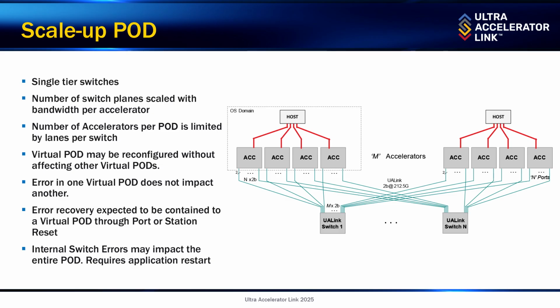You should be able to recover errors by resetting stations and ports individually in the management software. We'll see the management software a little later. Now, there are certain catastrophic errors in the switch that might require a switch reboot and restart. But in general, we try to isolate errors down to virtual pods and prevent cross-contamination.